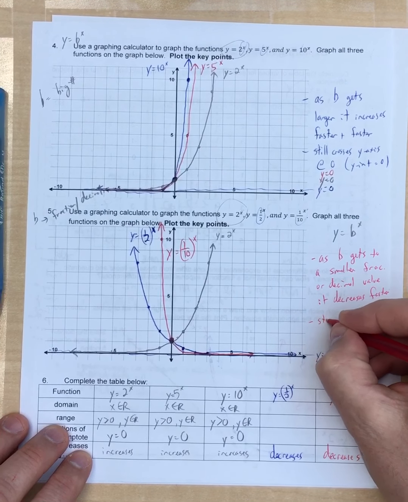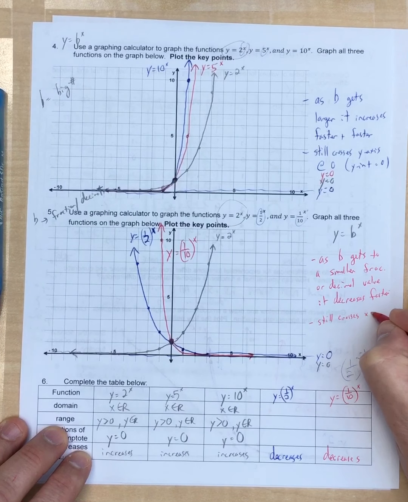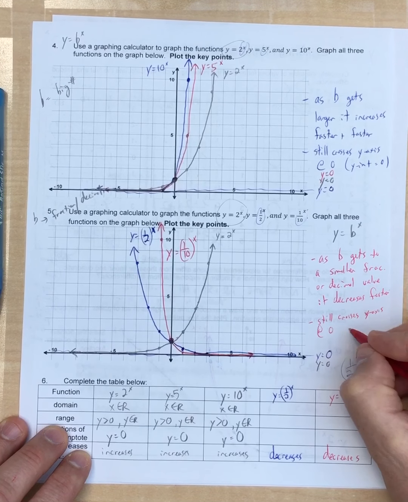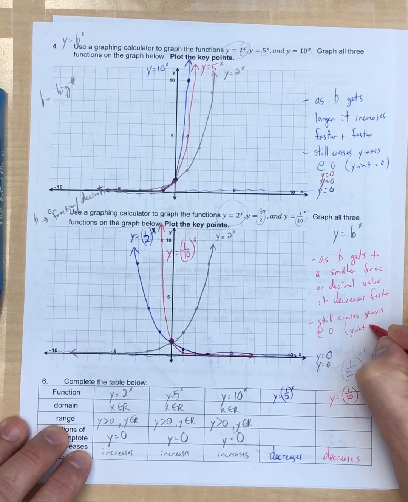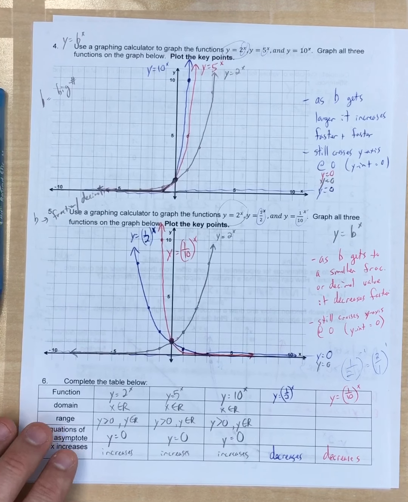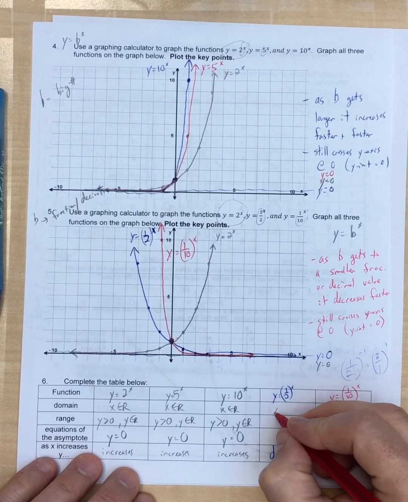Interesting too, it still crosses the y-axis at 1, and the y-intercept is equal to 1, which is, I suppose, a little bit cool. Domain is still the same.